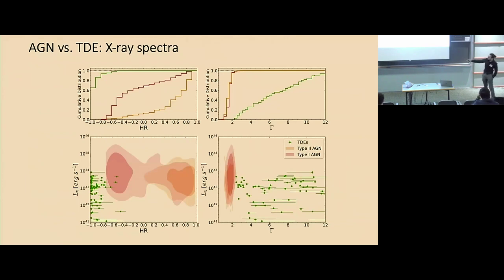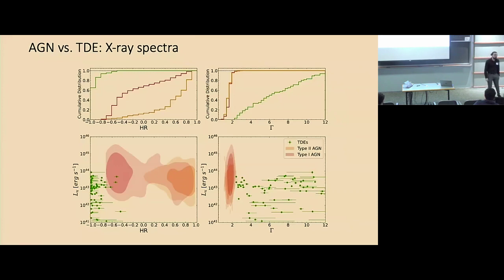And the same thing if you fit the TDE with a power law, which is not physically correct, but you can do this to get this. So you can see the AGN corona is quite fixed at around 1 to 2.5, and TDEs are wild. They're extremely soft. Yeah. Thank you. Vikram, can you go to the mic?